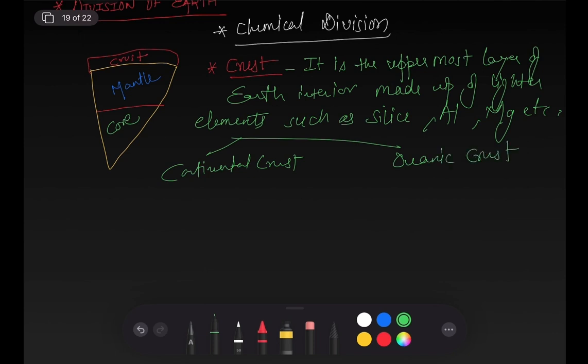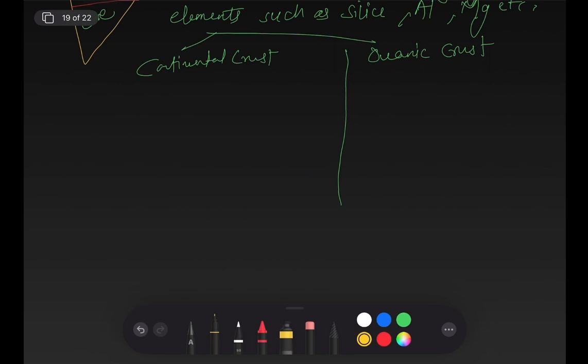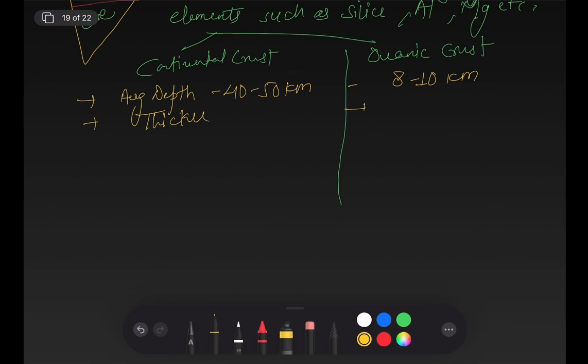Let's differentiate both. Continental crust has an average depth of 40 to 50 kilometer, while oceanic crust is somewhat 8 to 10 kilometer. Continental crust is thicker, while the depth of oceanic crust is less, so it is thinner.